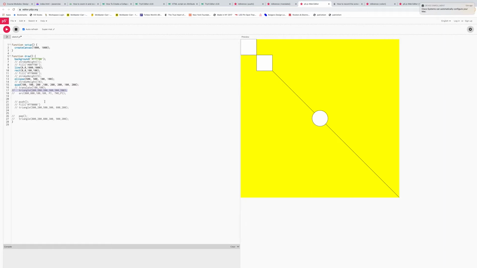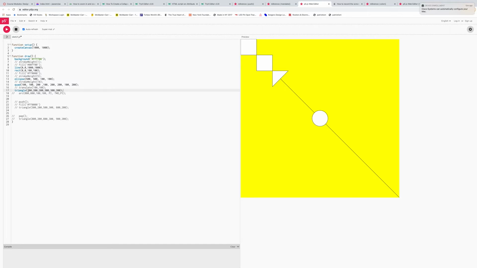Now let's take a look at making a triangle. So again, we've got more coordinates than our previous shapes had shown. We have 3 sets of coordinates. 1, 2, 3. And like the quad, what we're doing is we're identifying the 3 points on our triangle and where they're falling on our canvas.